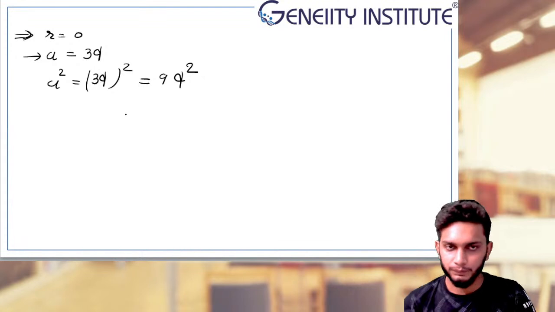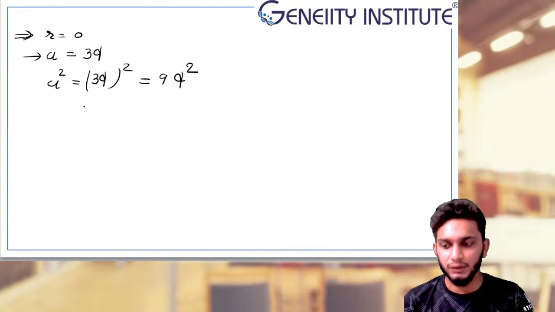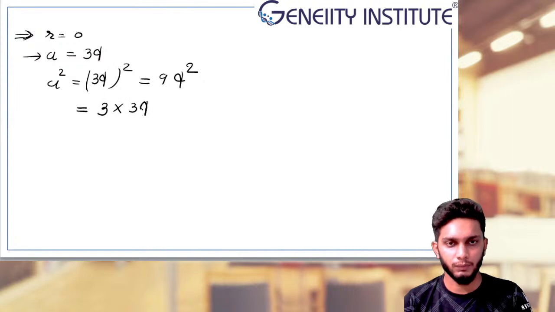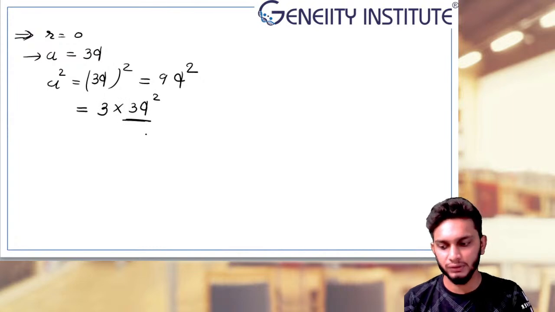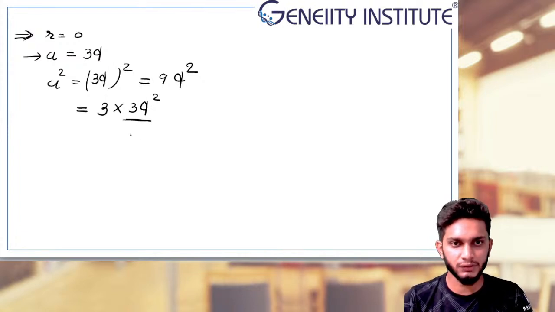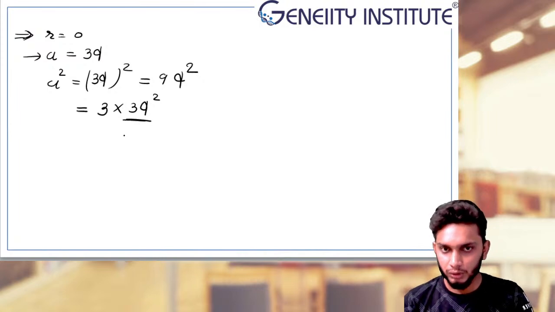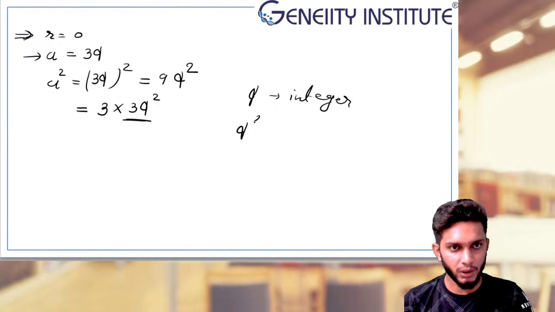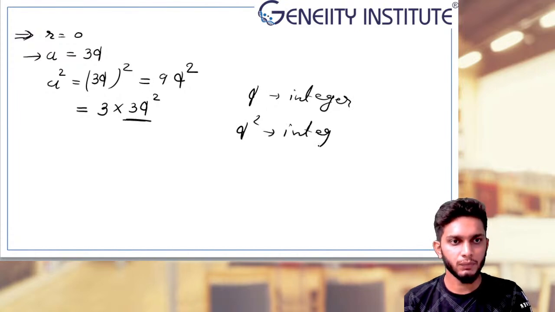Now you know that 9q squared can be written in the form of 3 into 3q squared. So here 3q squared can be any number. Q is an integer, so q squared is also an integer.